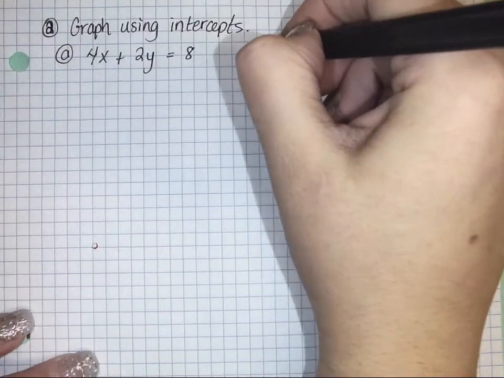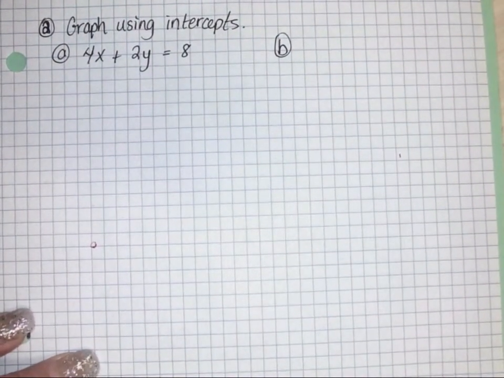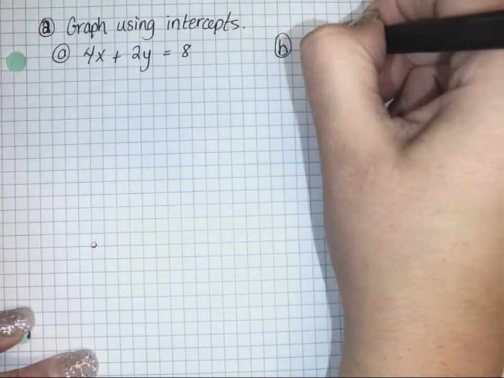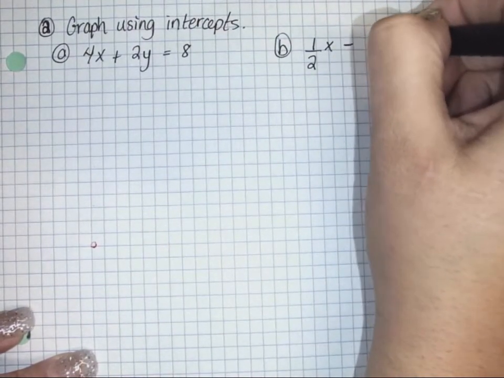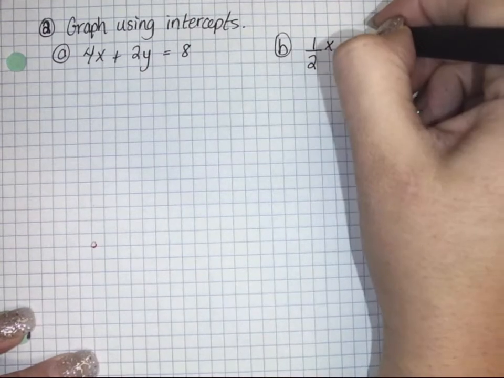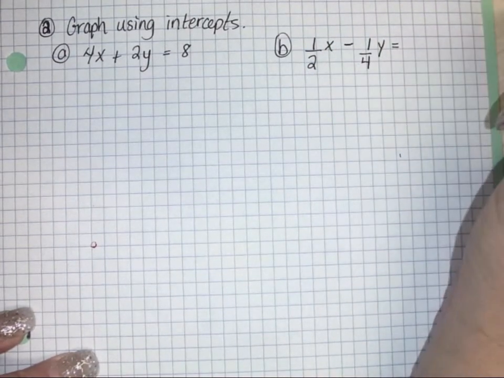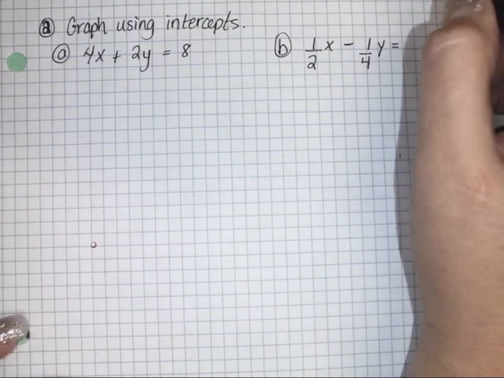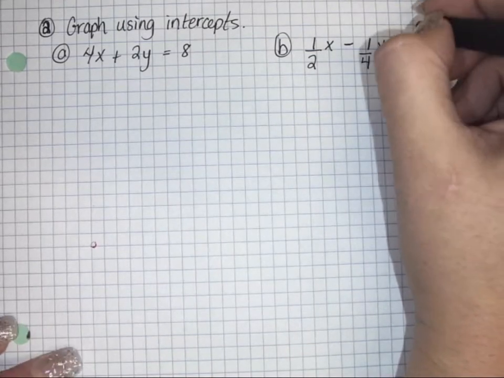In part B, I have 1/2 x minus 1/4 y is equal to 3.